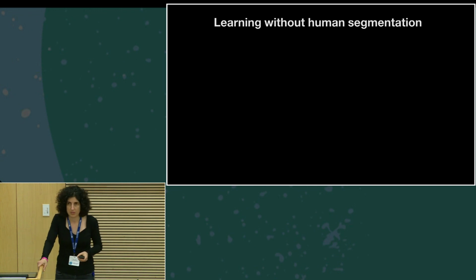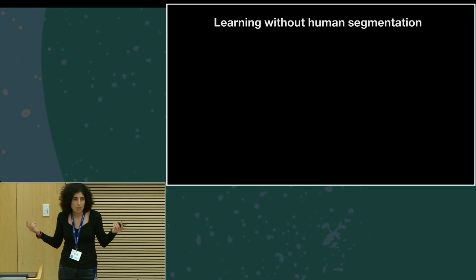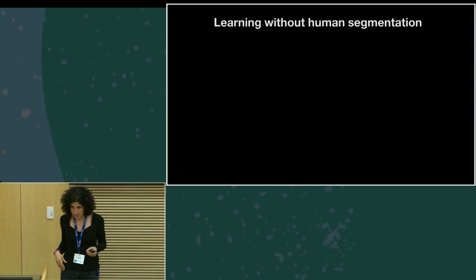So how do we do it? We take our inspiration from the way people learn language. People learn language from the context. They have a sentence, they don't understand one word, but we understand it just from the entire sentence.